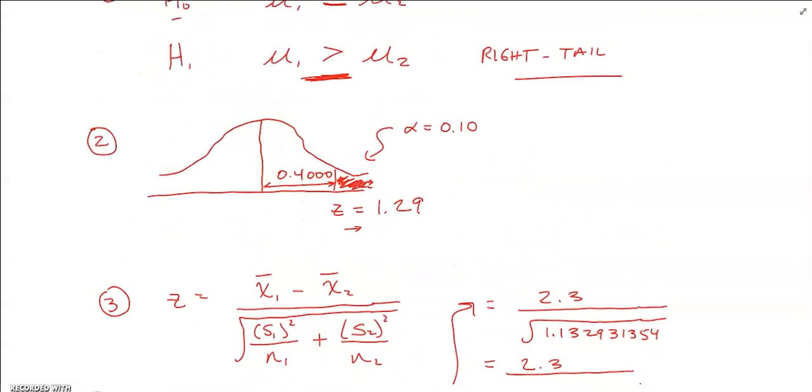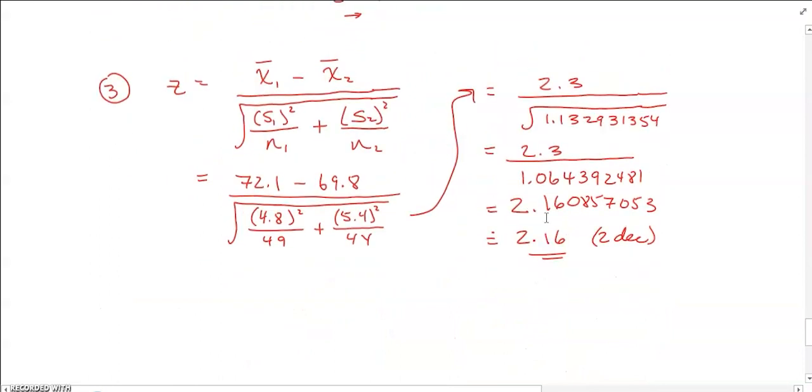So plotting that into our curve up here, 2.16 is in this region here. And you can see that it's in the rejection region, which means our decision would be to reject.